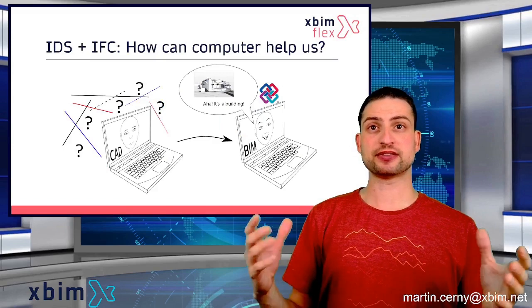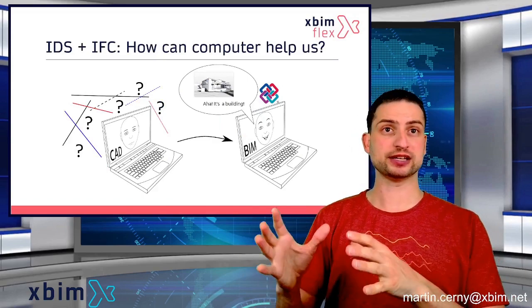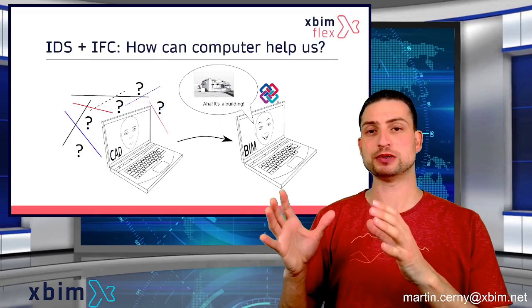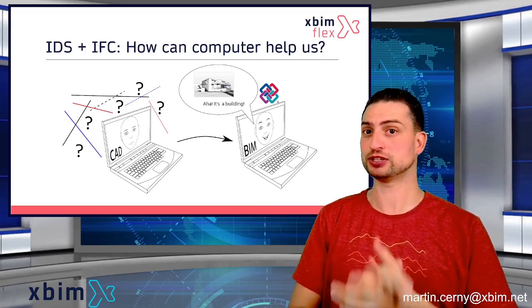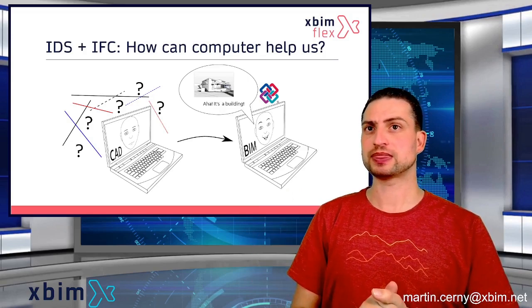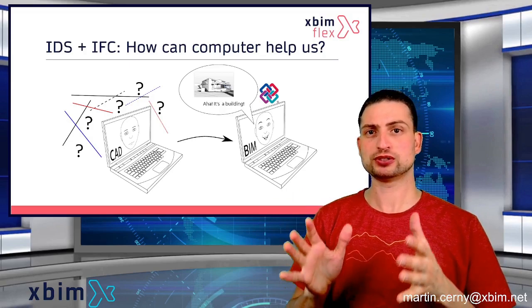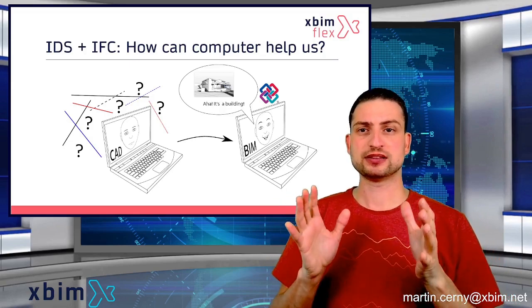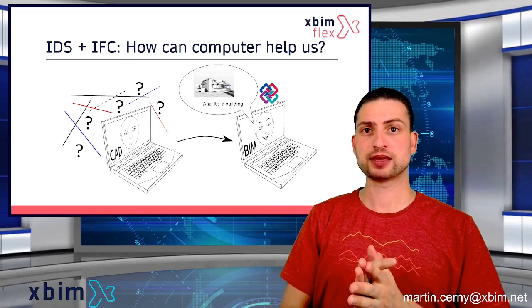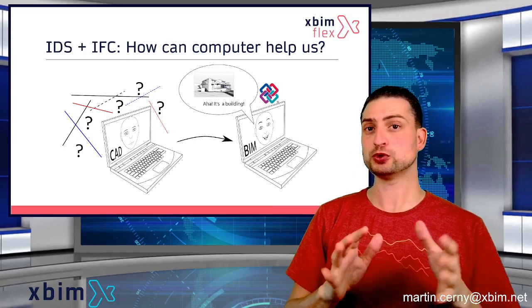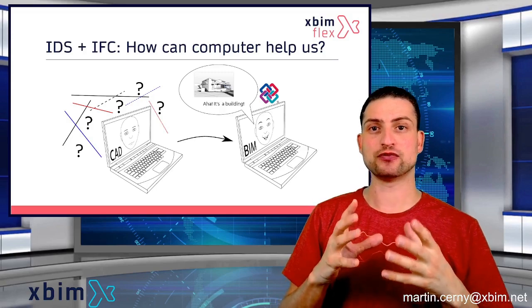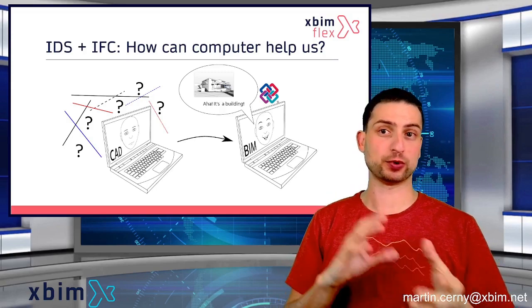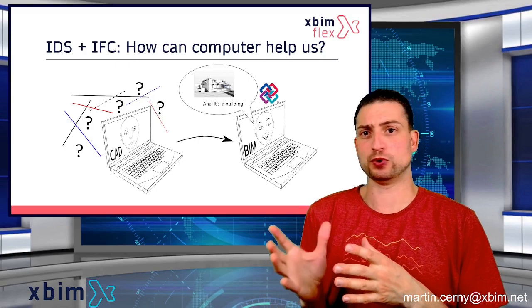When we take these things all together, we have IDS, which is defined to be machine readable. It is defined by developers for developers effectively. And we have IFC, which also is the standard for the data. With IFC, computers actually understand the substance of the building. With CAD, computers didn't know what things were, right?